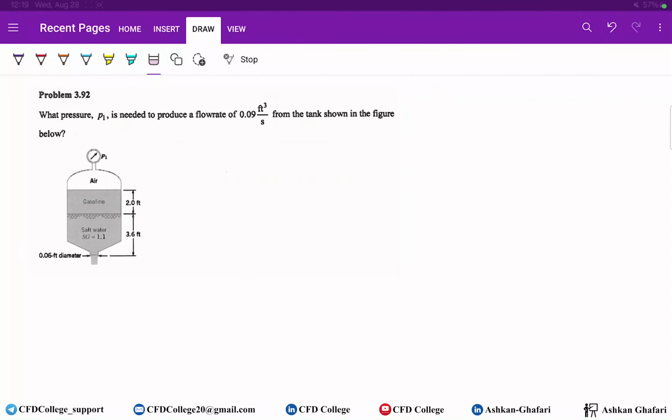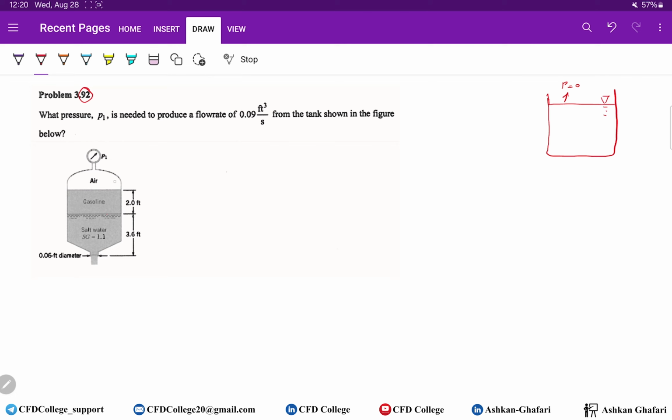Let's have a look at next problem number 92 of chapter 3. Here, as you can see, we have a pressurized tank. When you have an open tank like this with a fluid inside, the pressure on the free surface is 0 or 1 atmosphere, because we have air here.